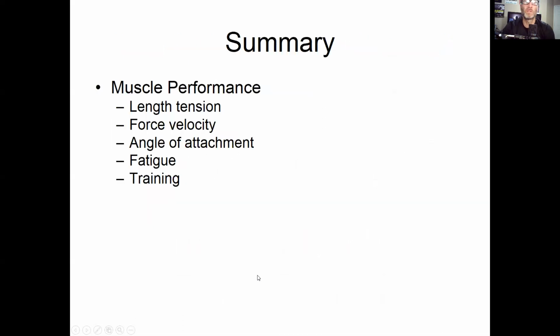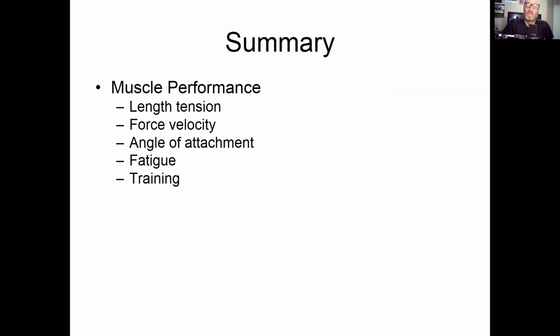So just a summary of muscle performance. Muscle performance, the ability to generate force, is a function of the length of the muscle. It's a function of how fast the muscle is being asked to contract. It's a function of pennation angle and angle of attachment.